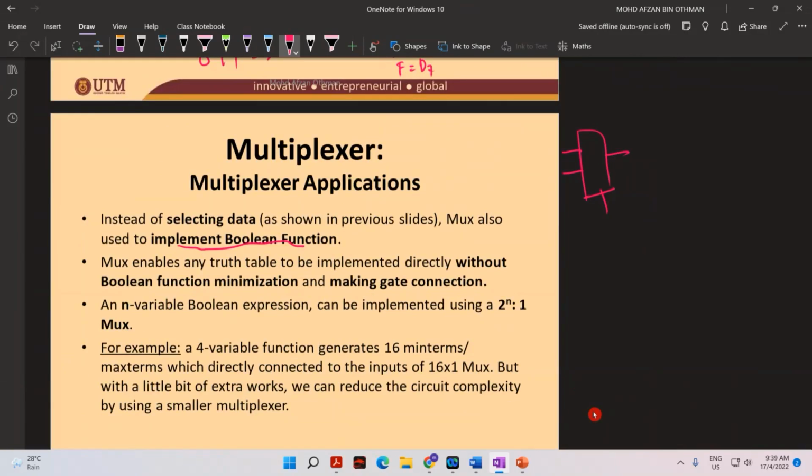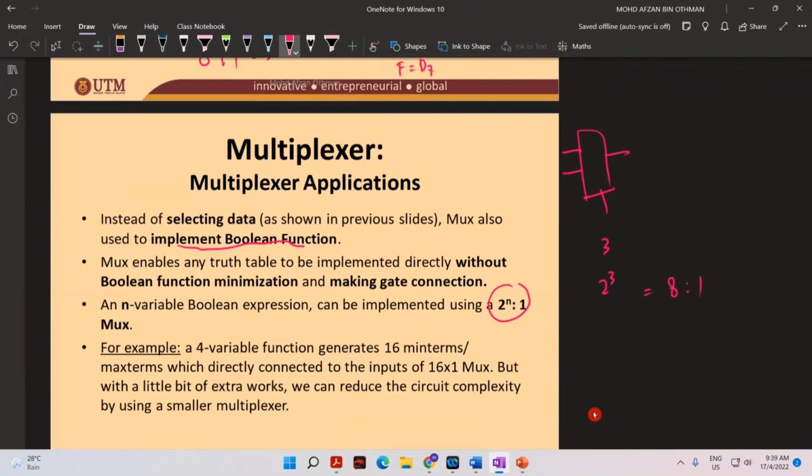So an n variable Boolean expression can be implemented using a 2 power of n mux. Okay, contoh kalau kamu ada 3 inputs Boolean expression, which is A, B, C, so multiplexer yang kamu kena guna is 2 kuasa 3, which is sama dengan 8 inputs, so 8 to 1 mux.